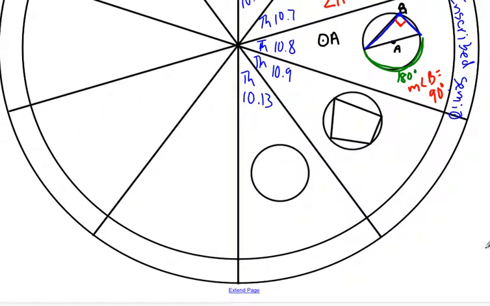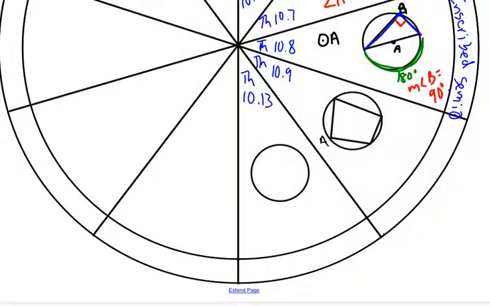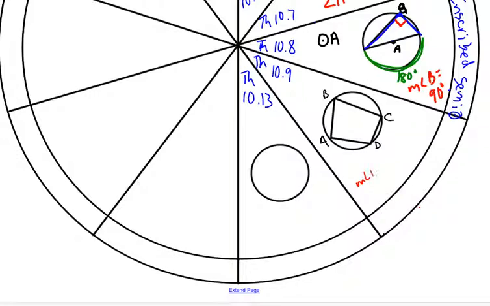Let's go ahead and put that on our circle wheel. Now I want you to draw along with me. Probably the easiest way to mark this is to put some letters on here. So I'm going to do quadrilateral A, B, C, D, and then I'm going to put a couple equations. Angle A plus angle C is what I meant to write.